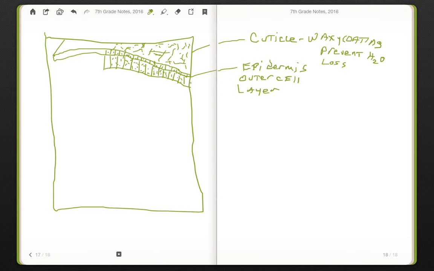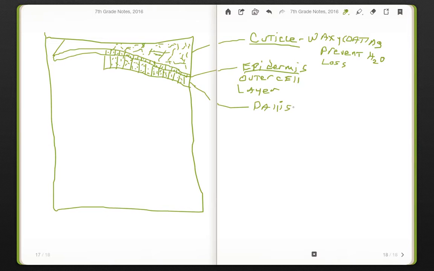Well, this next layer right here, this tall rectangular layer, these cells are called palisade parenchyma cells. That's one of the cool words in science. Palisade parenchyma. In goofy science voice.